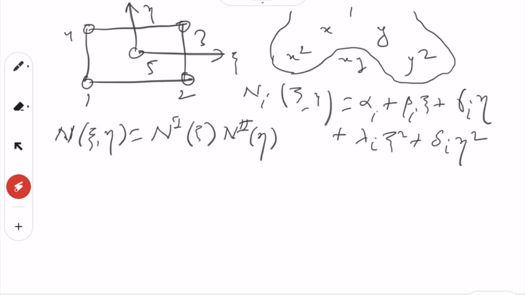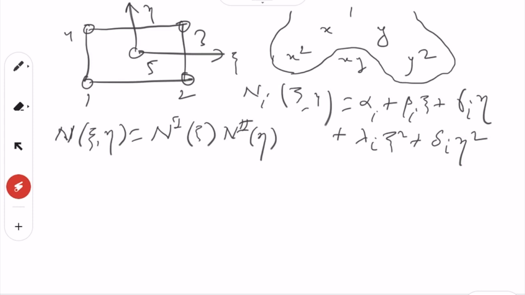We want something in the x direction. We have 3 nodes, hence we know that we are going to find out something which has an x square type of thing, and in this way also you have a y square type of thing. So basically how can you do it?